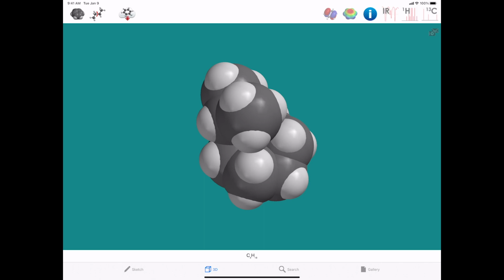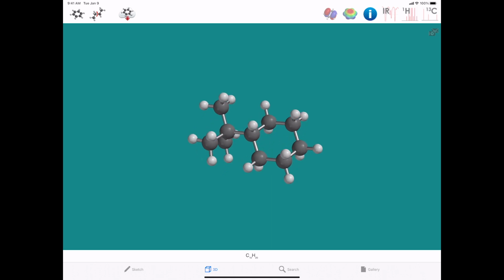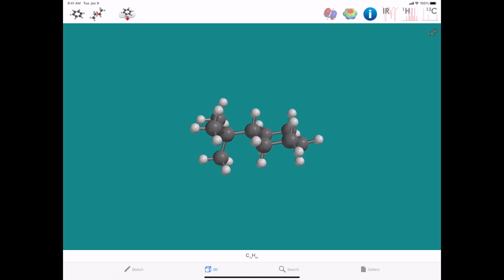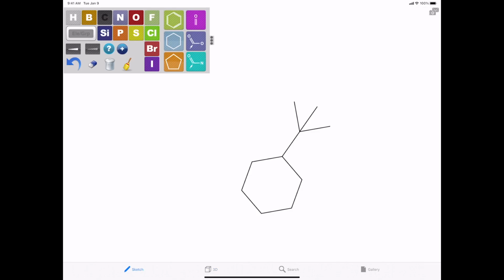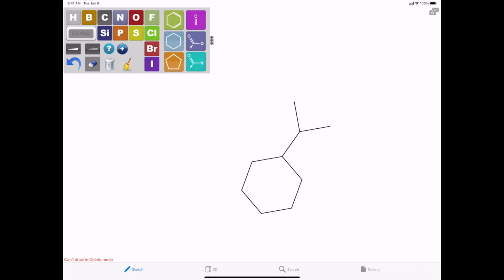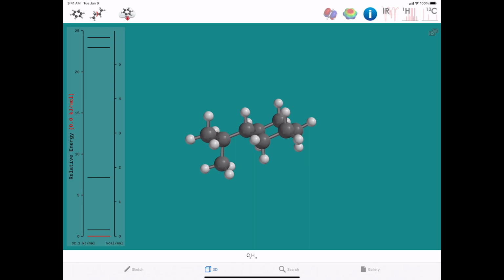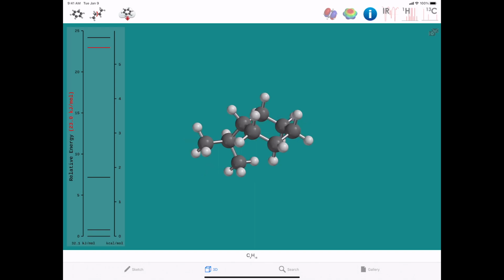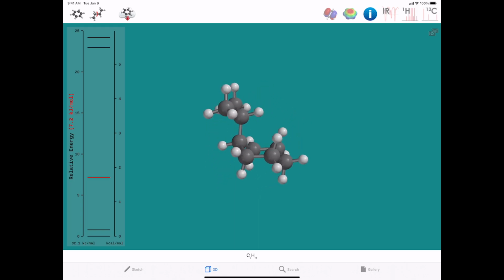We can make this even worse, by making it a tert-butyl group, tertiary butyl group. Notice now, I wanted to show you the difference in stability. So notice that versus our equatorial conformation, our axial conformation is now, okay.